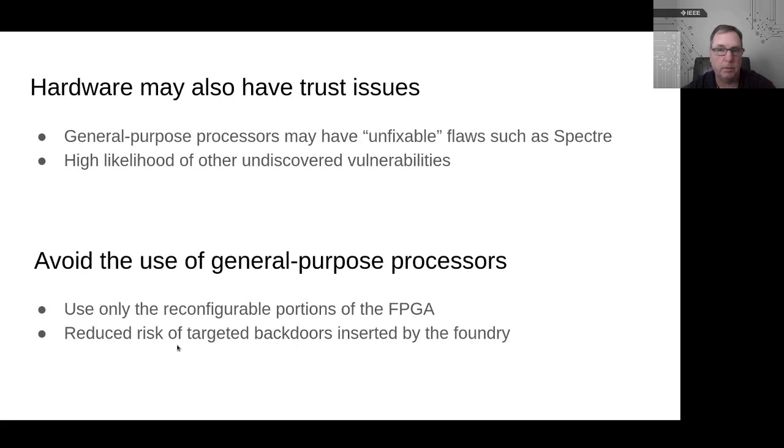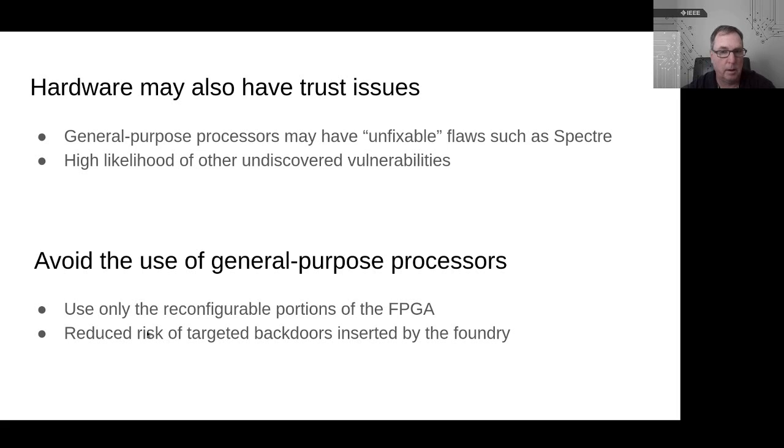It's also possible for hardware to have other types of trust issues. In particular, general-purpose processors can have unfixable flaws such as Spectre, and we believe there's a high likelihood that processors contain additional vulnerabilities which have not yet been discovered. Our solution is to avoid the use of general-purpose processors. Modern FPGAs generally bundle custom logic devices, such as processors and memory controllers, with their products.